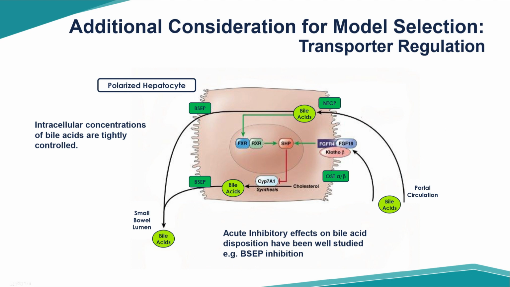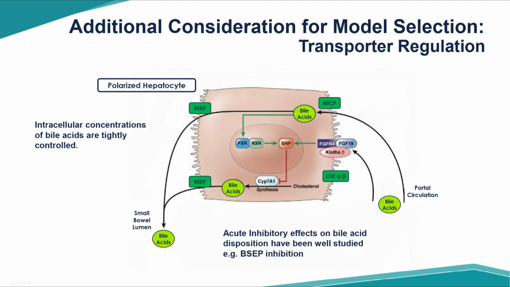We've known for years that P450s can be regulated and induced, but transporters can also be regulated and induced. We're using bile acids as an example for this, because the nice thing about bile acids is they're made in the liver, and their intracellular concentrations are very, very tightly controlled.